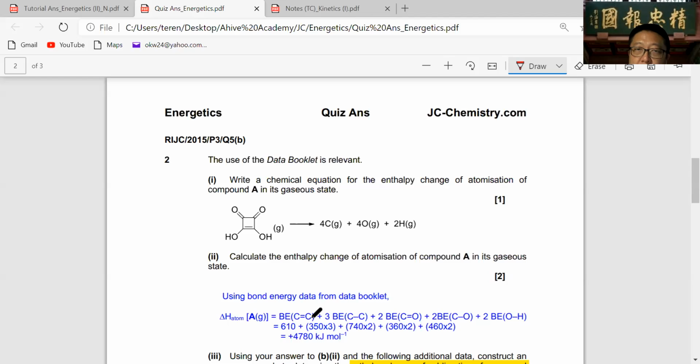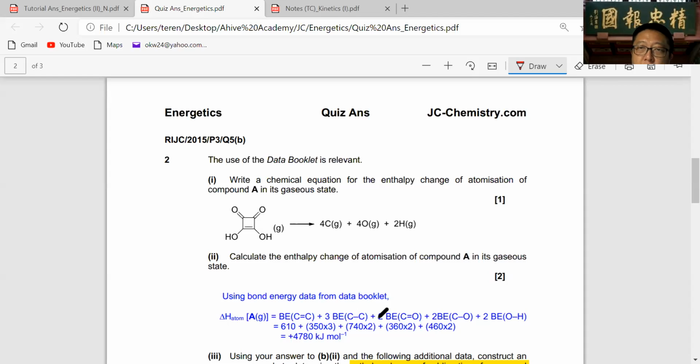Look carefully. For the carbon-carbon double bond, there's only one, 610. Then there are 3 of the C-C bonds. Where is it? 1 here, 2 here, 3 here. You see, 3 of them. You must follow my cursor. These 3 come from here, 1, 2, 3.